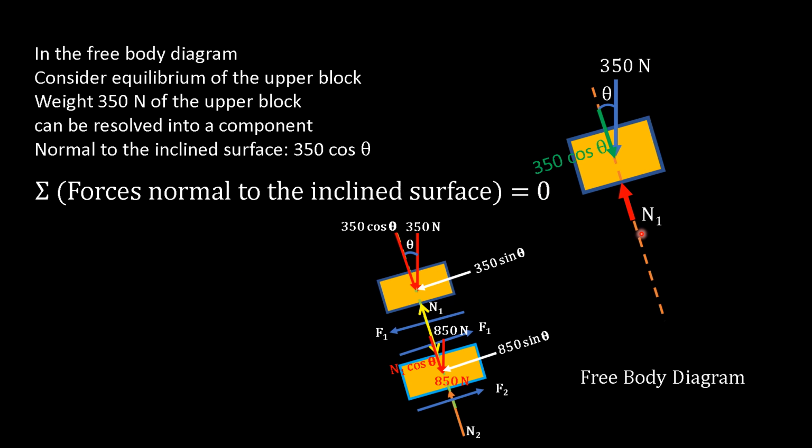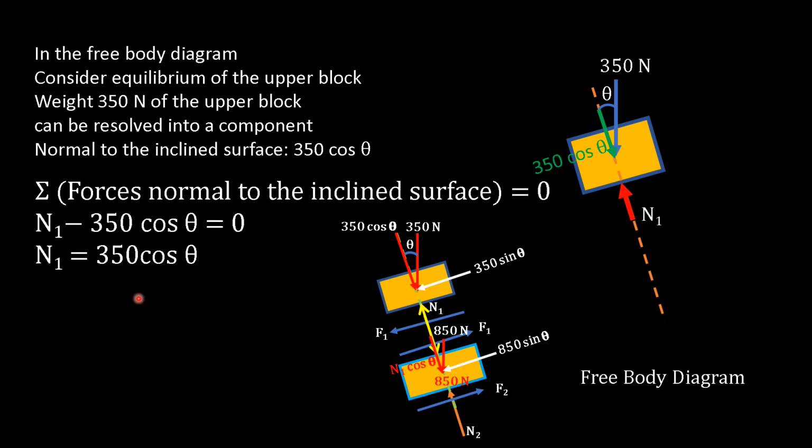So we have N1, which is acting upwards, minus 350 cos theta, which is acting downwards, equal to 0. That gives us N1 equals 350 cos theta. So the normal reaction on the upper block will be 350 cos theta.